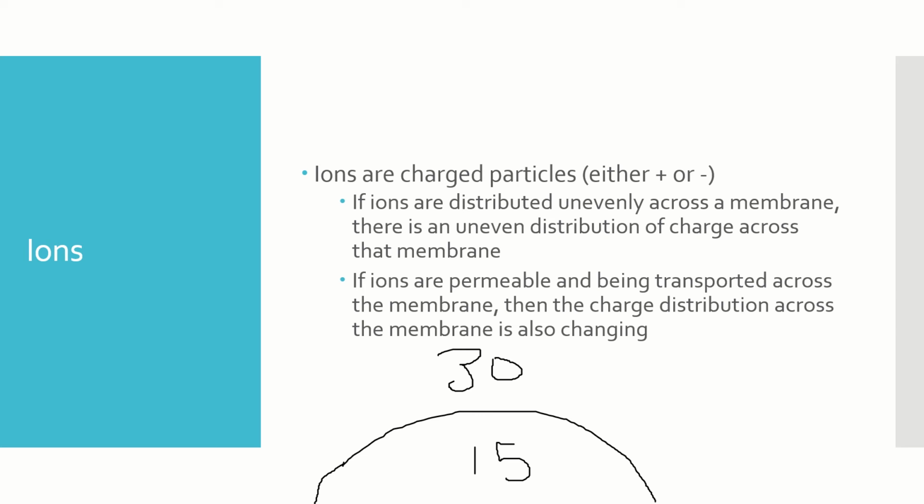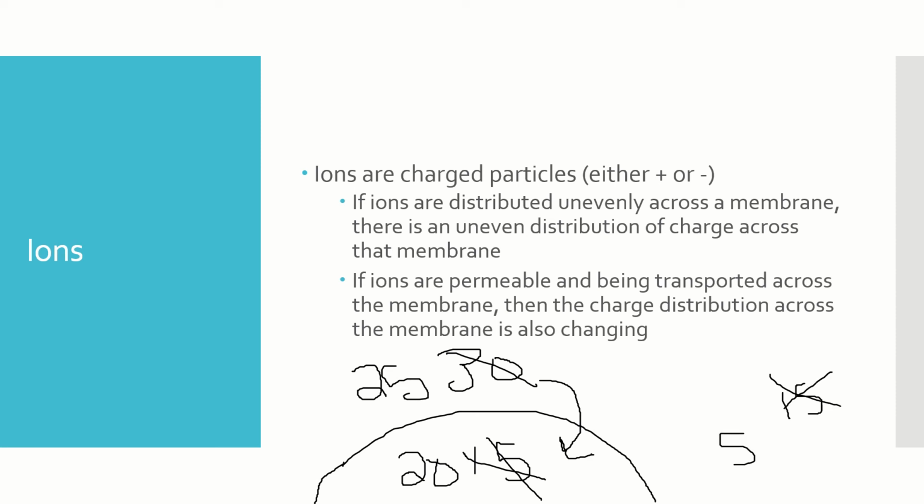We start off with a difference of 15, but we're going to see sodium leaking back into the cell. So instead of having 15, probably going to end up with 20, and then we'll have 25 here. And now the difference is only 5. And we would see this until we have equal numbers of ions on either side of the membrane, until we've reached what we call equilibrium.